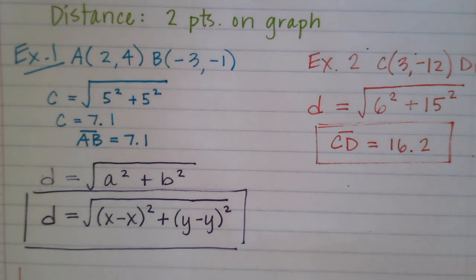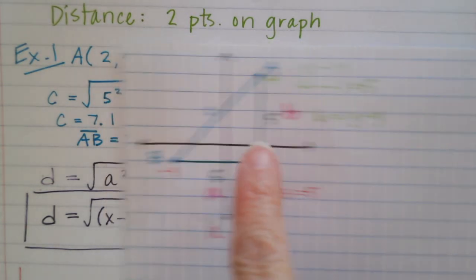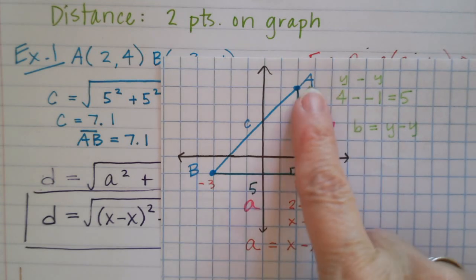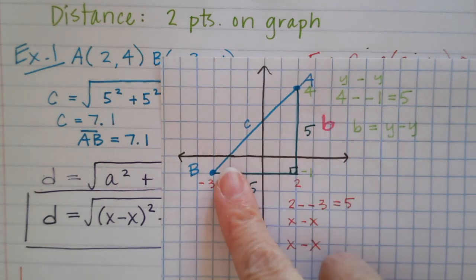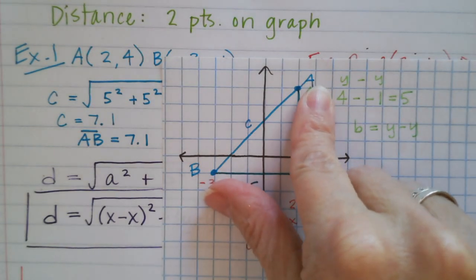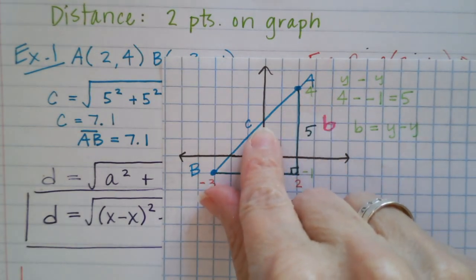Now let's talk about the midpoint. If we go back to this graph right here, although this one isn't ideal, we can still do it. If I wanted to find the midpoint of this segment right here, that means I want to find the middle.